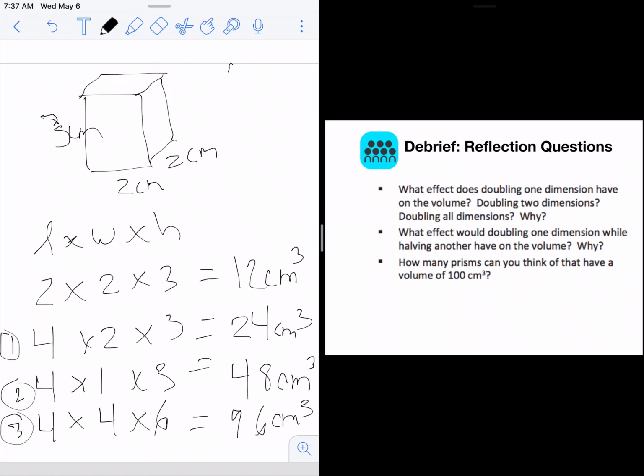So if we double one length, halve the other, it keeps it the same size. So that would then be 12.